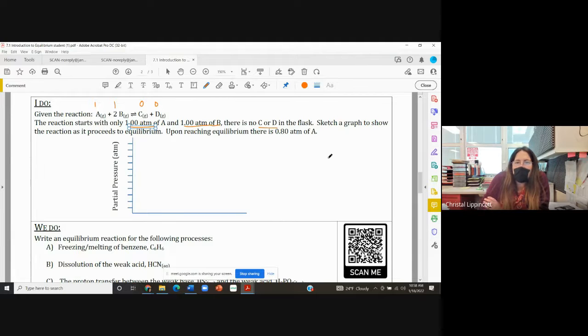So if we do kind of a table over here, so A plus 2B yields C plus D. Now, these are called ICE tables. You're used to your BCA tables, right?